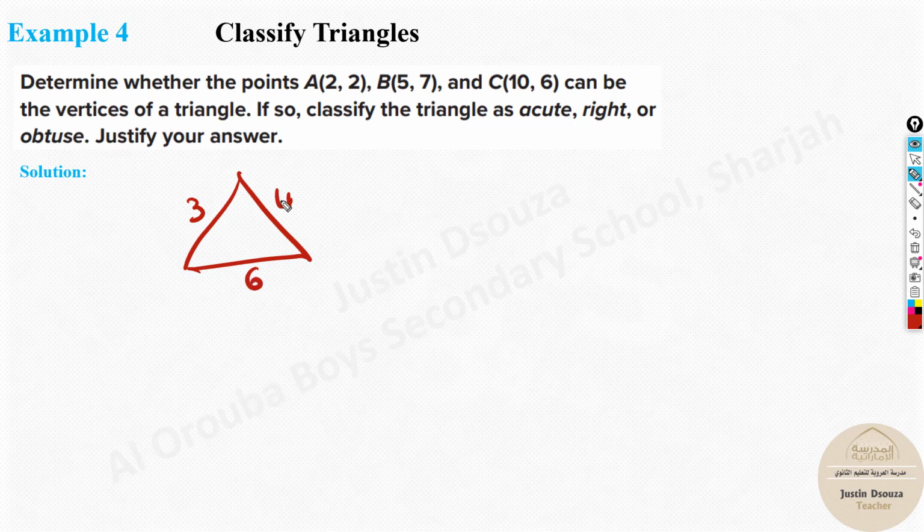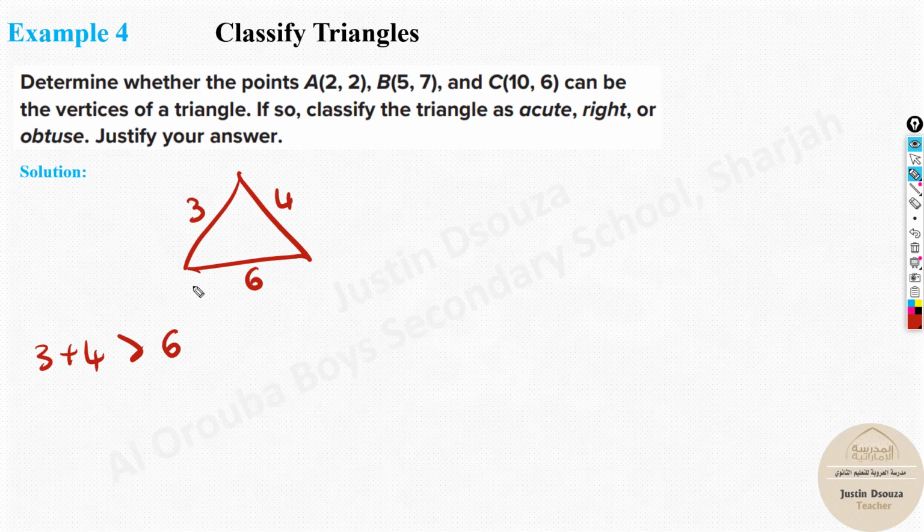Yeah, this is going to work out. Why? Because if I add any two sides of the triangle, say I add 3 plus 4, this must be greater than the other side, it must be greater than 6.